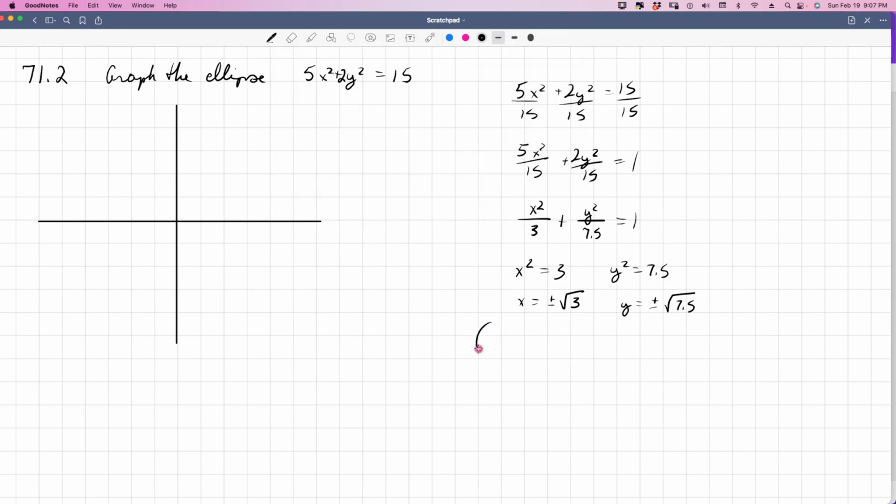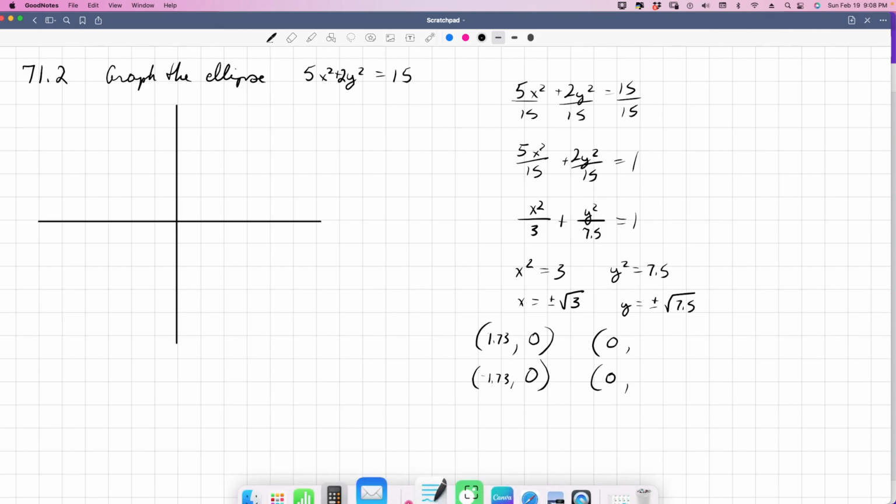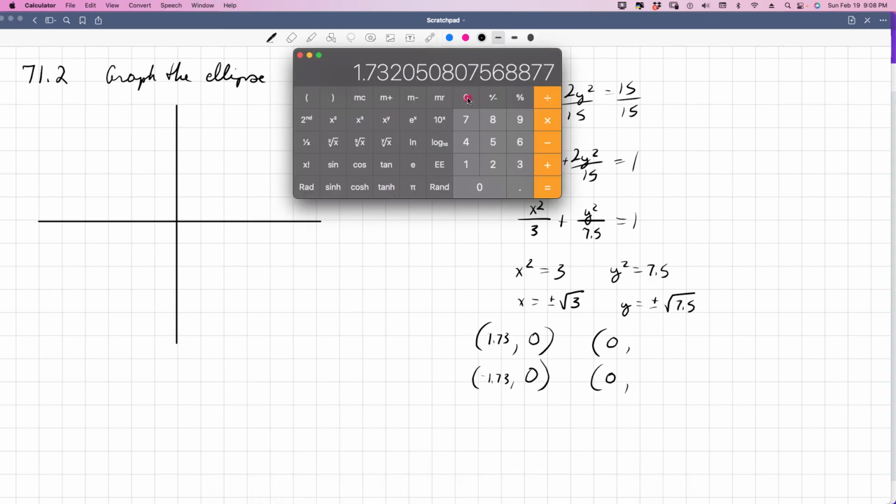So x is going to be positive and negative 1.73 when y is 0. And when x is 0, the y is going to be equal to, let's find it, the square root of 7.5, that's going to be 2.74.